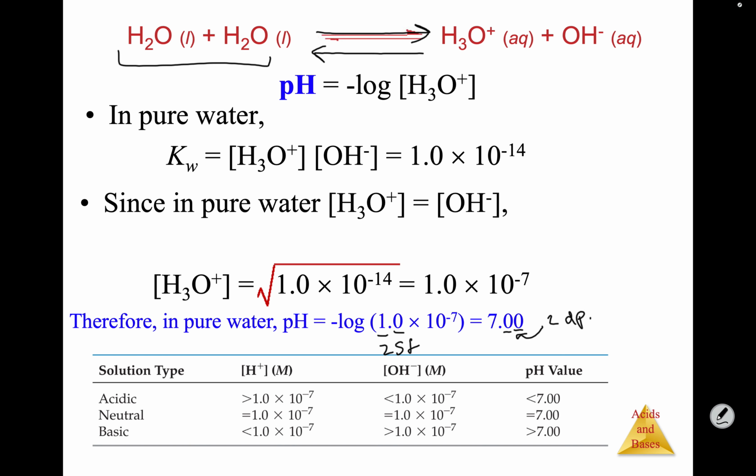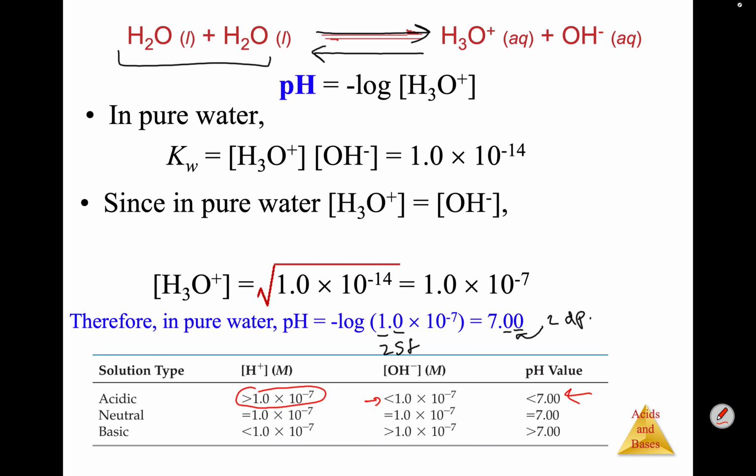If my solution is acidic, what do I have more of? Hydronium or hydroxide? Hydronium. So if my solution is acidic, that means my hydronium molarity is larger than the hydroxide molarity. Common sense, right? Acidic, you got more H+. And then the negative log is going to be less than 7. So if I have an acidic solution, my pH is less than 7.